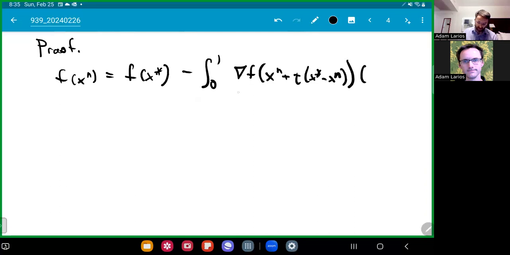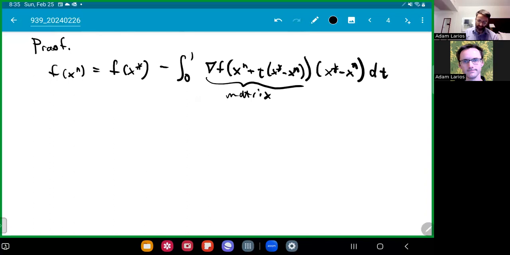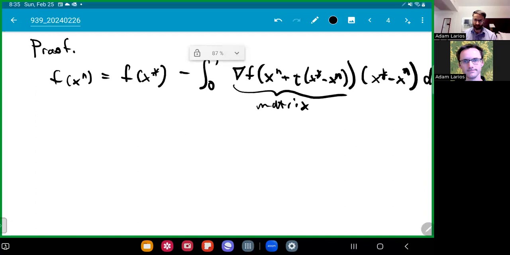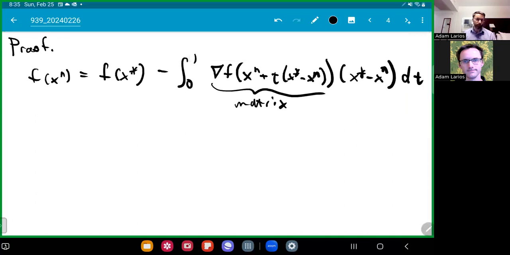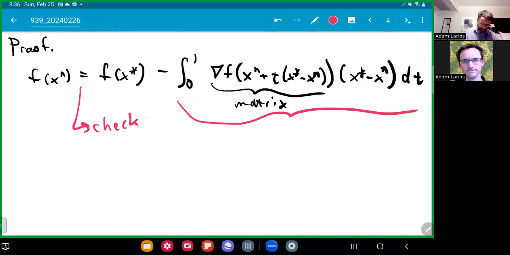That whole guy is a matrix, evaluated at a particular point, times x star minus xn, dt. Now you might say, where does this kind of thing come from? It's really just coming from the fundamental theorem of calculus. Let's check that this is true.